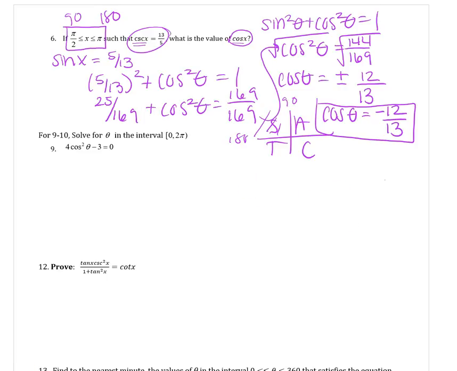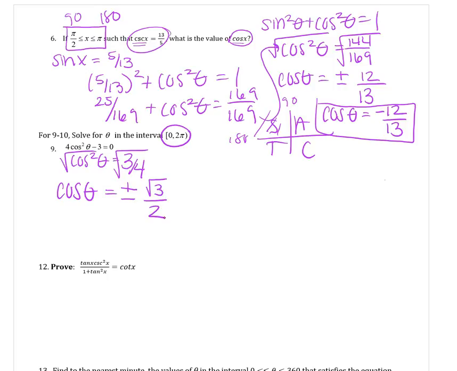All right, so now for number 9, we're going to solve in the interval of 0 to 2 pi. Notice it's in radians, so my final answer should be in radians. Solve for cosine. So I'll add over the 3, and then divide by 4. When I take the square root, I get cosine of theta is equal to positive and negative radical 3 over 2.